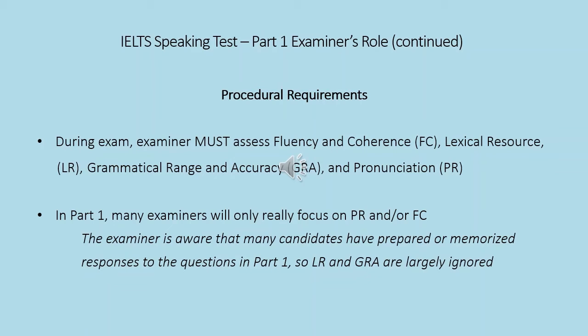A candidate really can't change their pronunciation features much, so that's what a lot of examiners will focus on. The other thing is that a lot of examiners know that many candidates have prepared or memorized responses to question 1, so a lot of times they just ignore the grammar and vocabulary that the candidate is using.